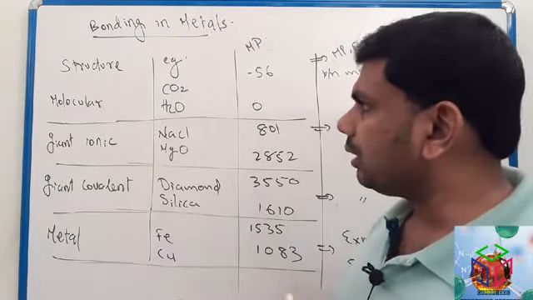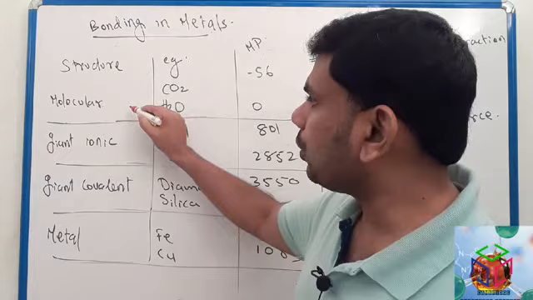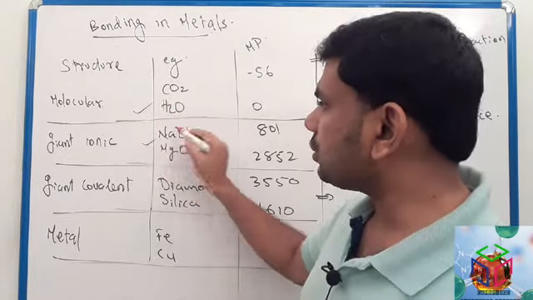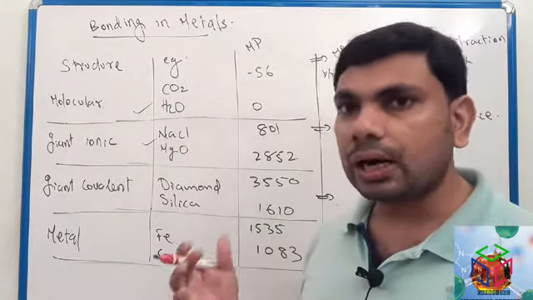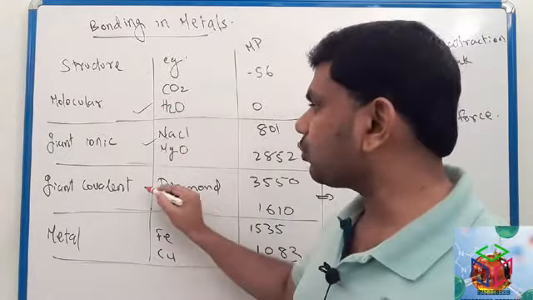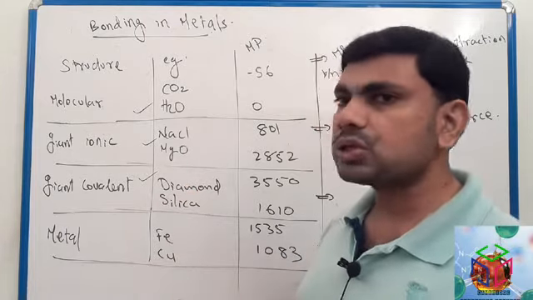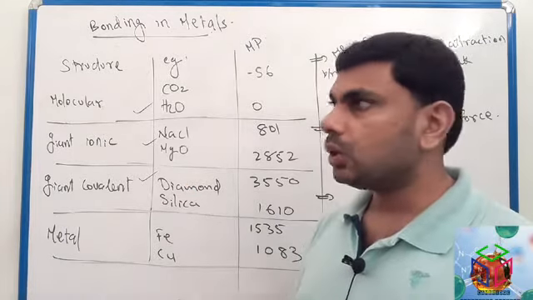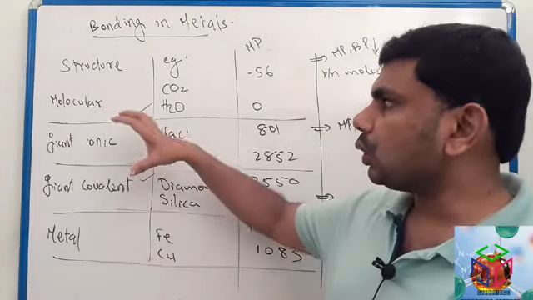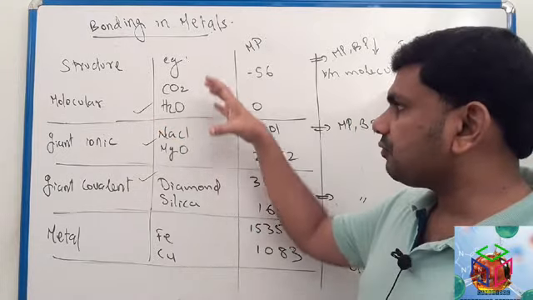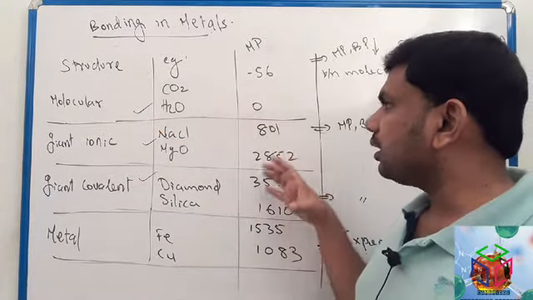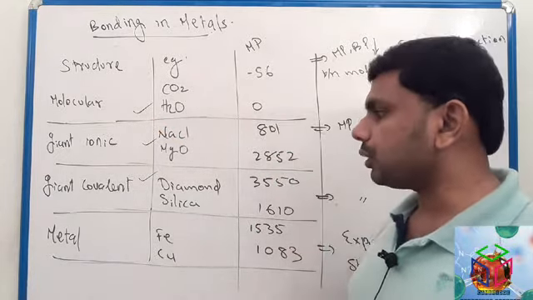So we have already learned simple molecules, giant ionic structures or ionic compounds, and giant covalent structures or macromolecules. Also here are different examples and their melting and boiling points.